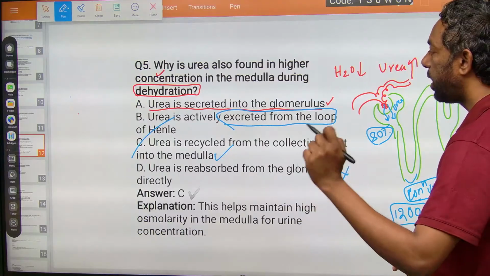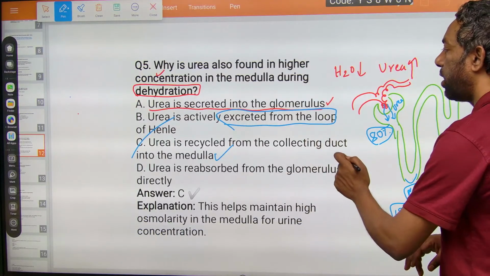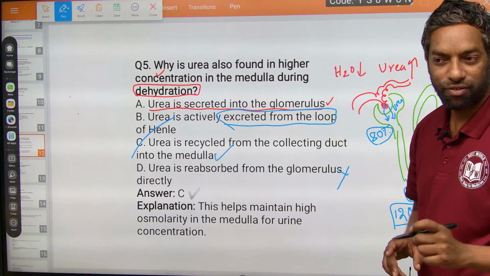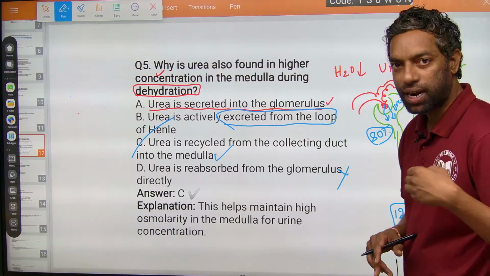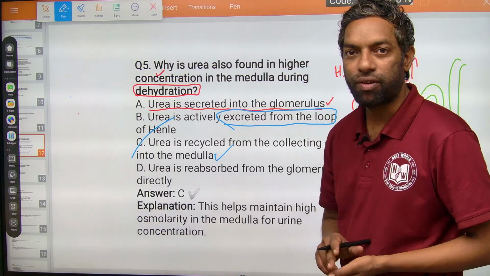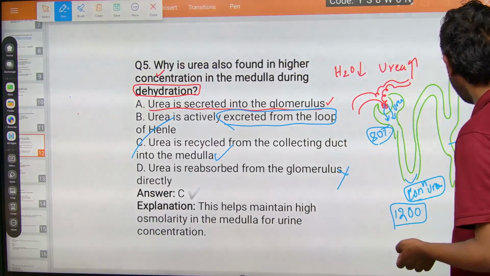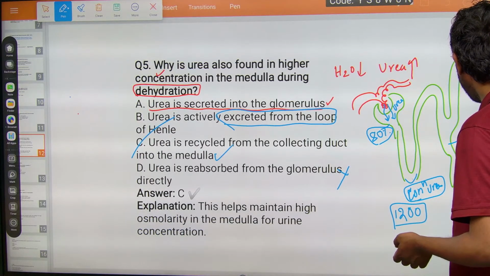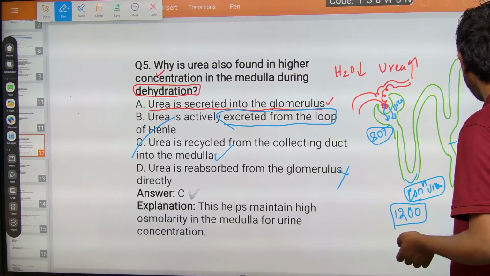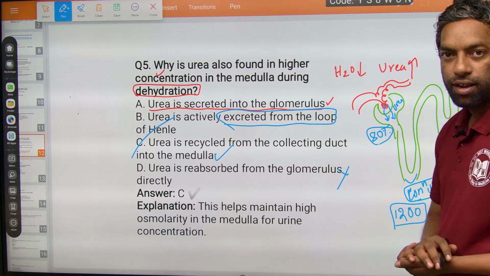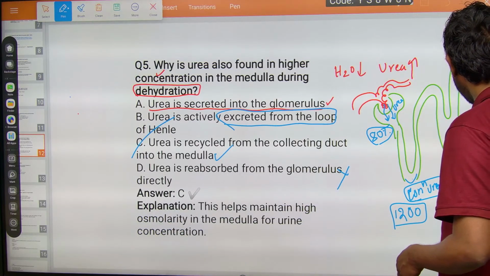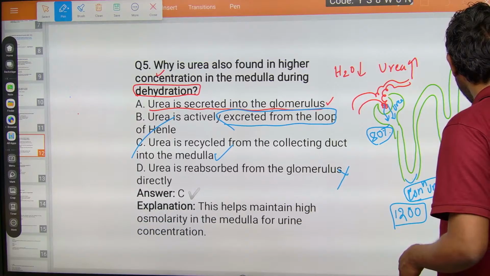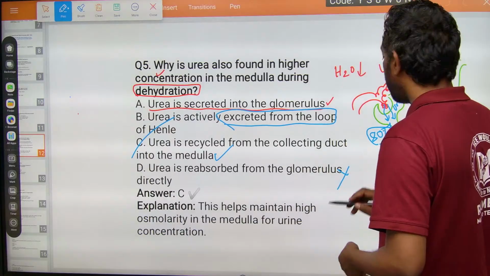So option 3, urea is recycled from the collecting duct into the medulla. We discussed that there is facultative reabsorption. If there is no water availability, the collecting duct reabsorbs more urea, about 4 times the concentration of the initial filtration.